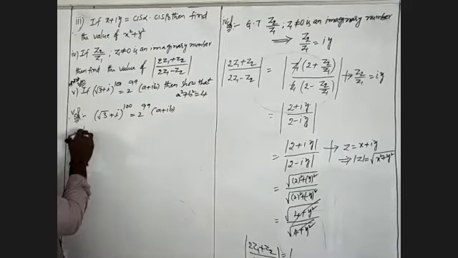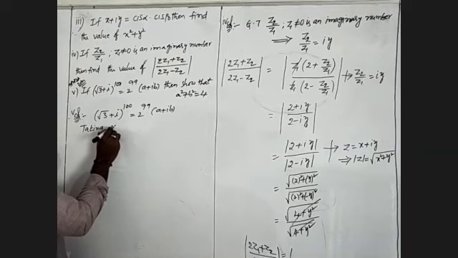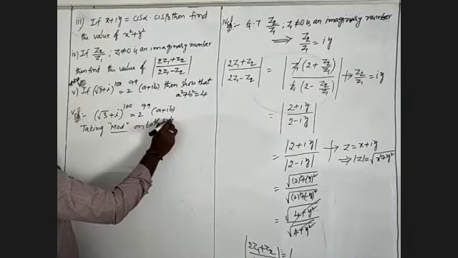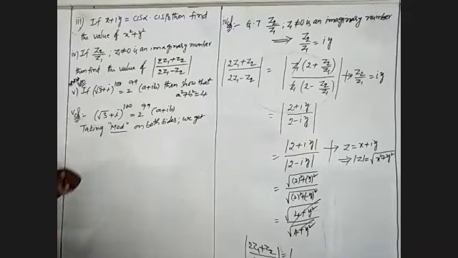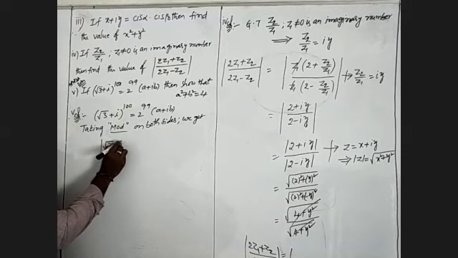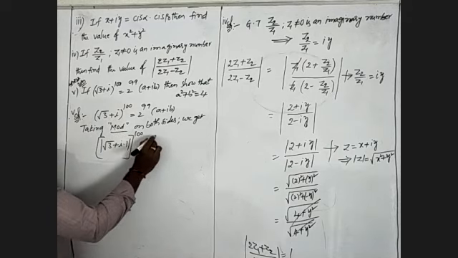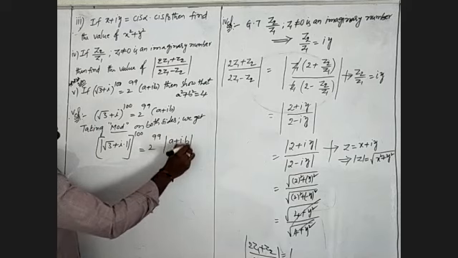Here we will observe, taking mod on both sides. We get root 3 plus i into 1 whole power 100 is equal to 2 power 99 into mod of a plus ib.